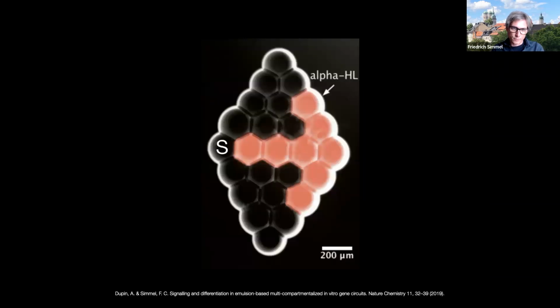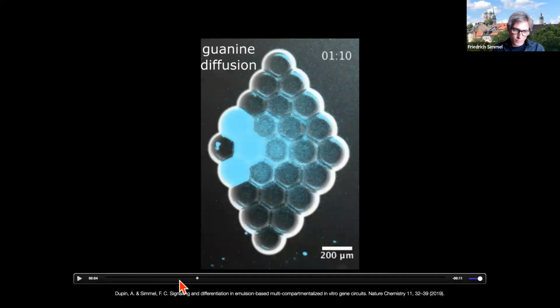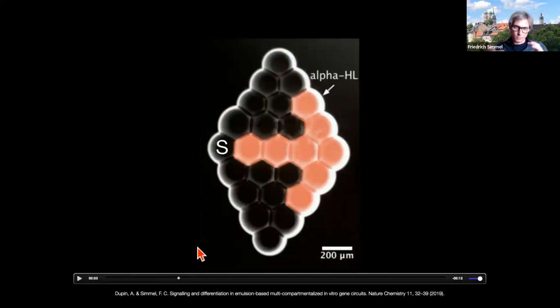So here's a simple example of such a system. In this case, what you see is a collection of water and oil droplets brought together with a micro manipulator. So it's really manually assembled. What we have here is a sender droplet that contains guanine.